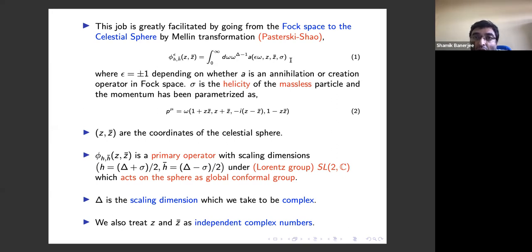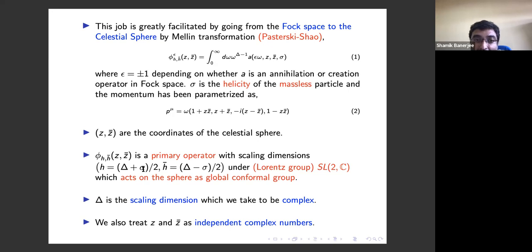Here I will talk only about massless particles. So I write the momentum of the massless particle in this form, and h and h bar have this form.